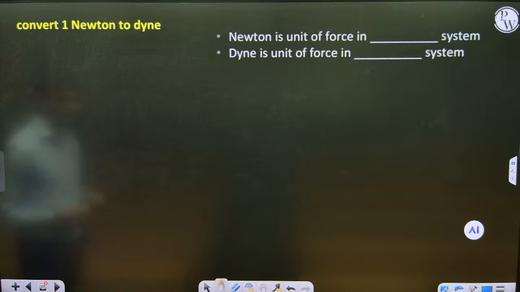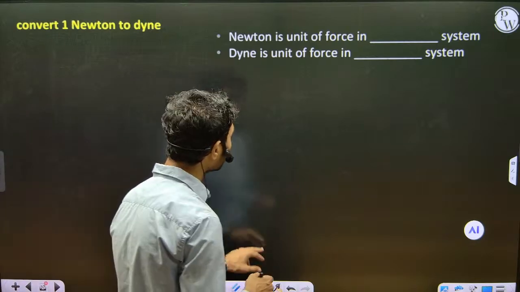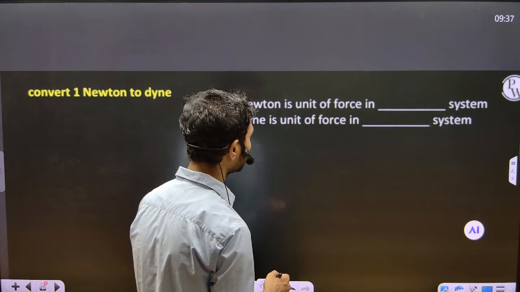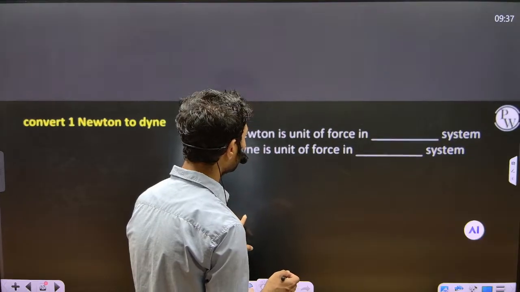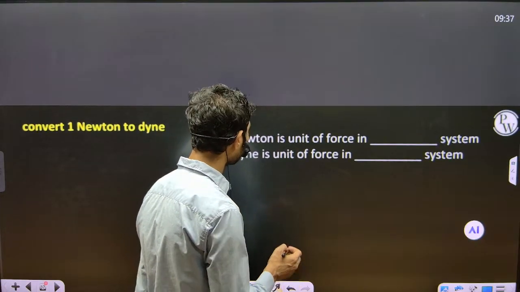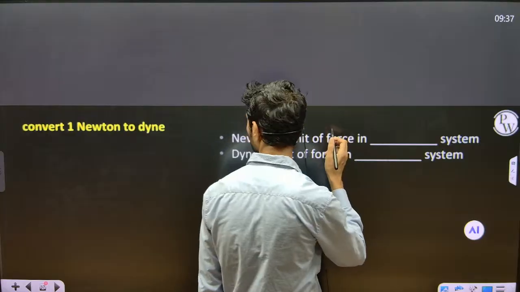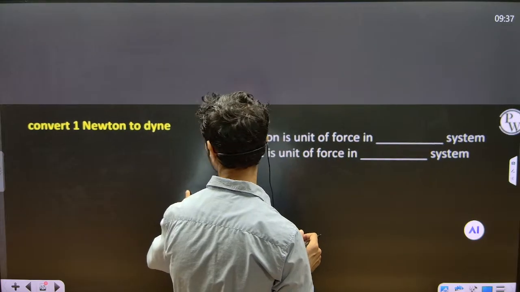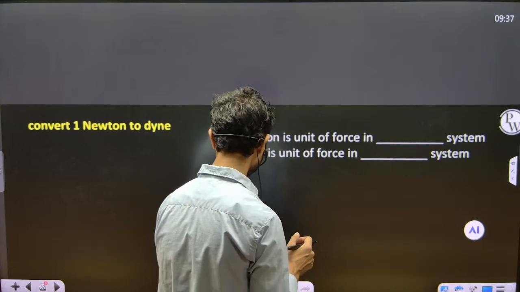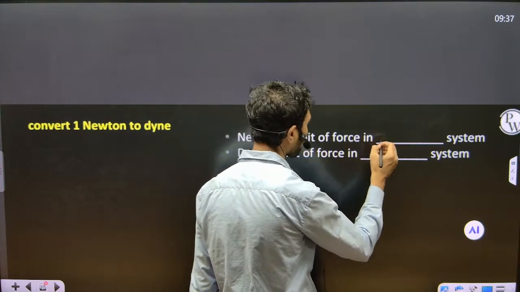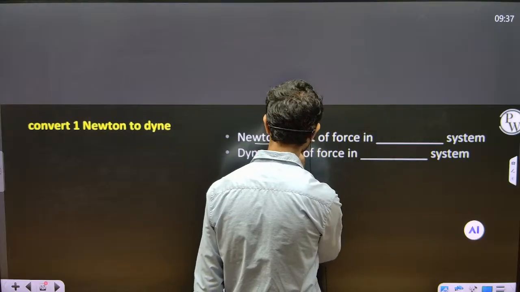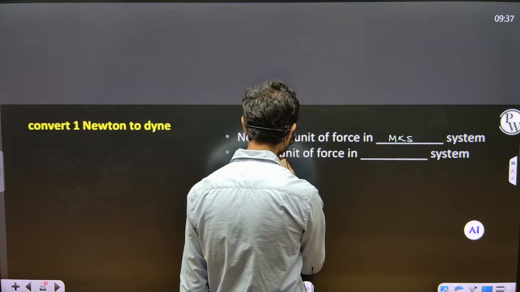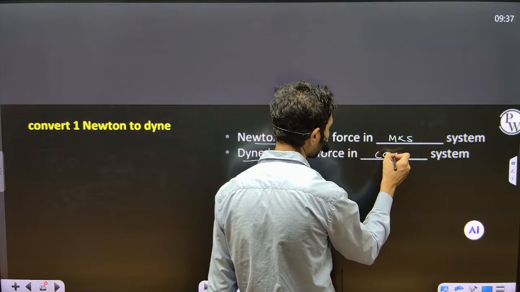So for that, we have to understand what is Newton and what is dyne. Newton is a unit of force in which system? MKS. Whereas dyne is a unit of force in CGS, right?